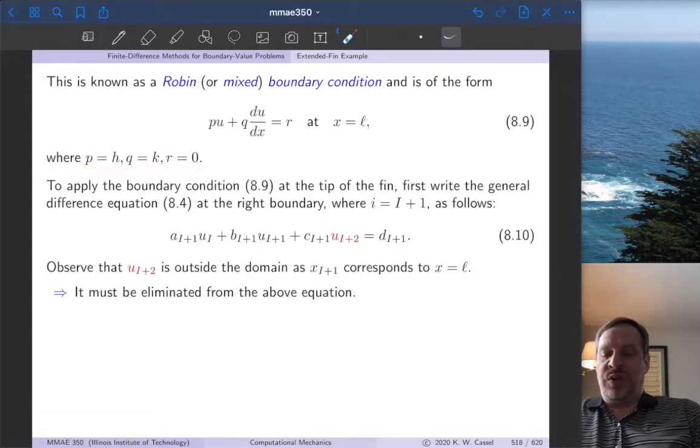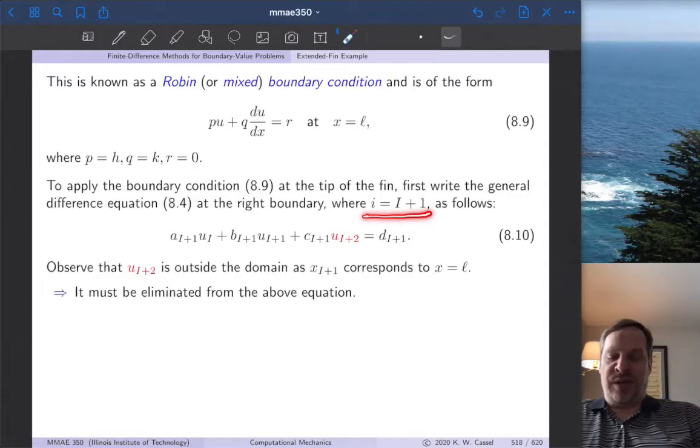But we're going to use this general form of the Robin boundary condition so we can include other physics as well: P times u plus Q times du/dx is equal to R. The P, the Q, and the R are just constants that come from the problem statement itself. This is how we deal with non-Dirichlet boundary conditions at one of the two boundaries, in this case at the right boundary, where little i is capital I plus 1.